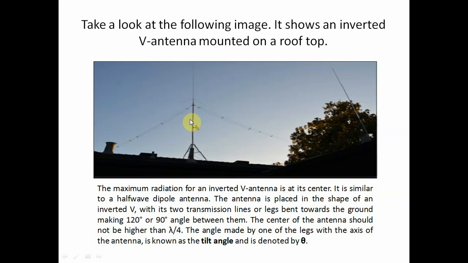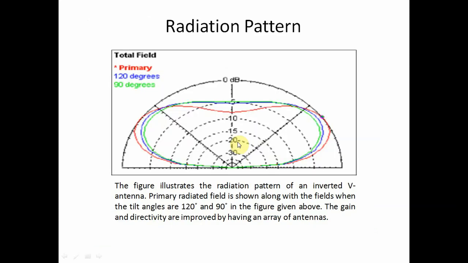The antenna is placed in the shape of an inverted V. Its two transmission lines are bent towards the ground, making an angle of 120 degrees or 90 degrees. The center of the antenna should not be higher than lambda by 4, and the angle made by one of the legs with the axis of the antenna is known as the tilt angle, denoted by theta.